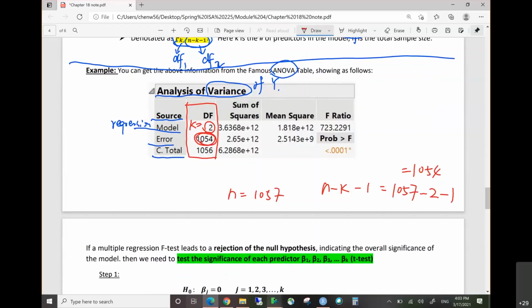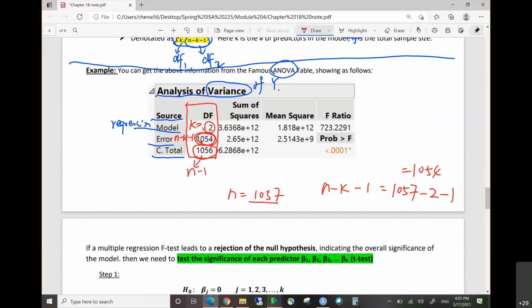It is the degree of freedom for the error, which is n minus k minus 1. Right, the last one, the degree of freedom for the total will be n minus 1, which is 1057 minus 1, which is 1056. Now you can see the relationship, right?